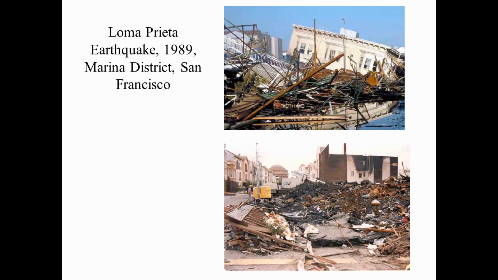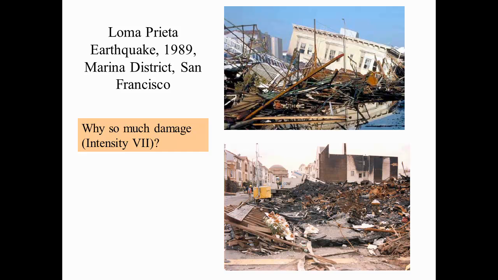Here are a couple of photographs. This is the aftermath, again, of the Loma Prieta earthquake of 1989 within the Marina District of San Francisco. And if you look in the foreground, the question is, why so much damage for an intensity 7 earthquake?